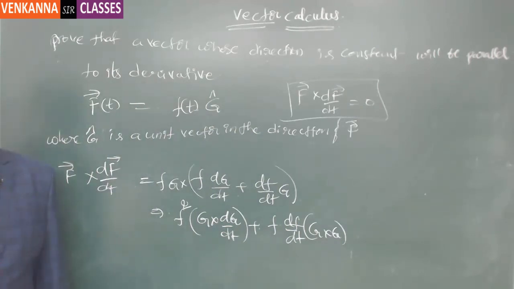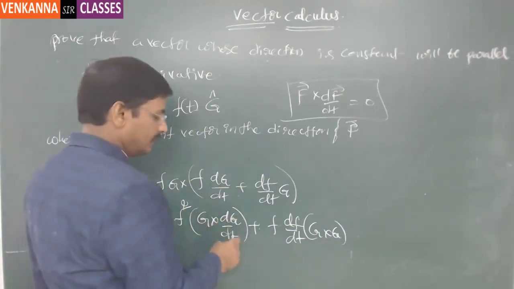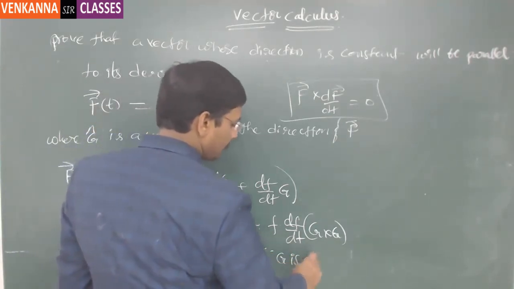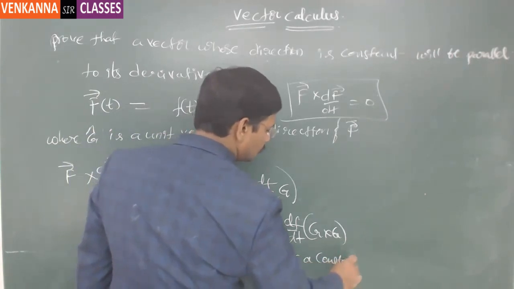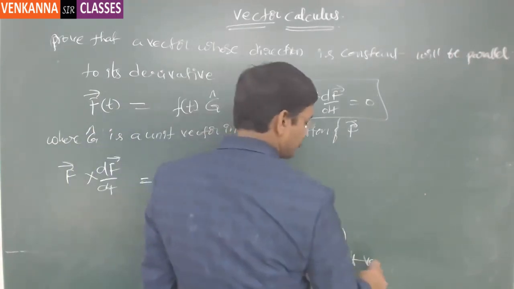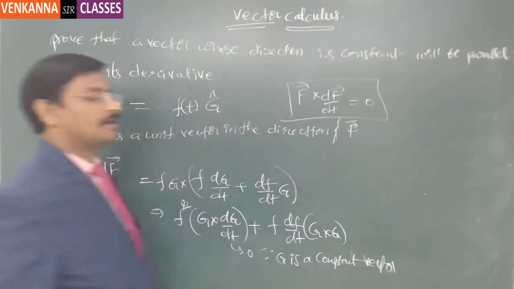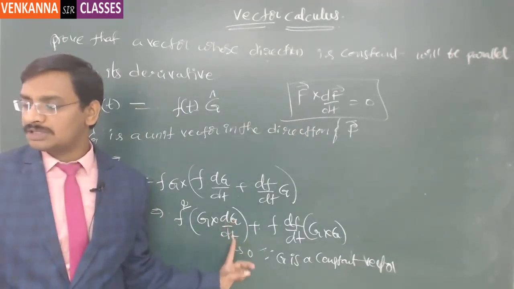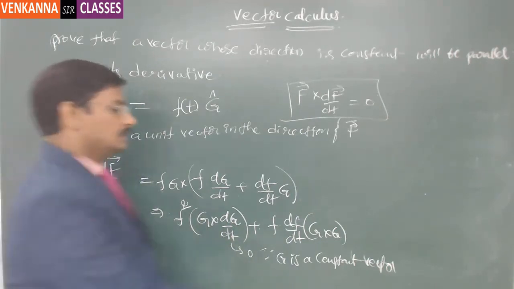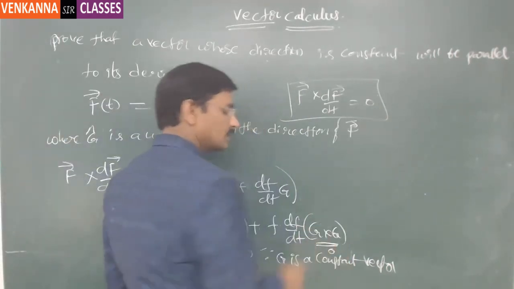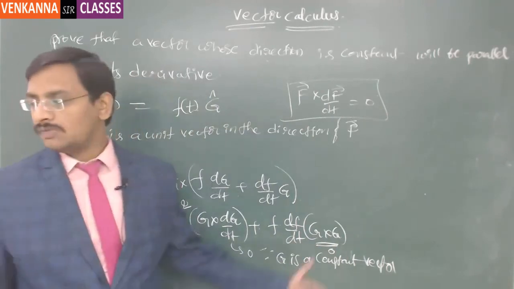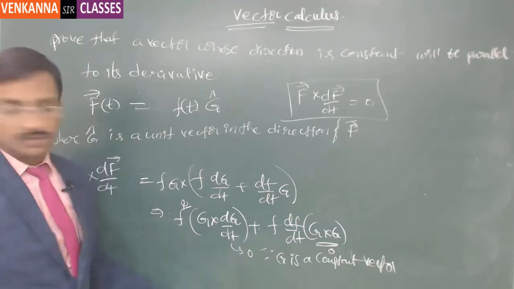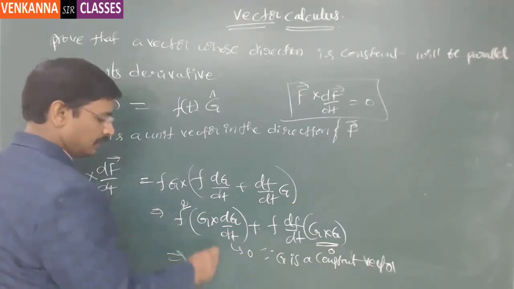Got it? Now dg by dt is equal to 0, since it's a constant direction, a constant vector. If it is a constant vector, then dg by dt is coming out to be 0, because the derivative of a constant will come out to be 0. And then g cross g is equal to 0, because the cross product of parallel vectors is always equal to 0. So this part is 0 and this part is 0, hence this right side part is going to be 0.